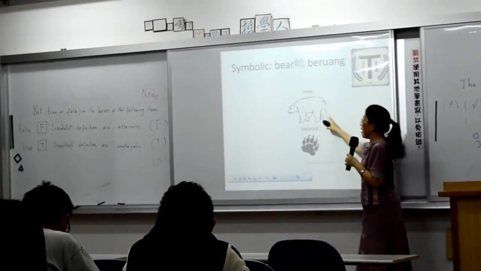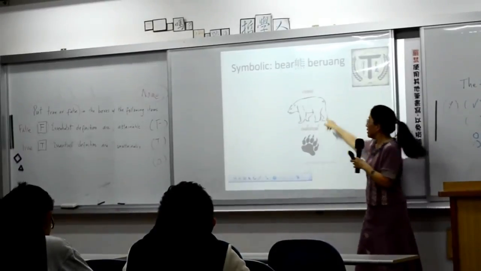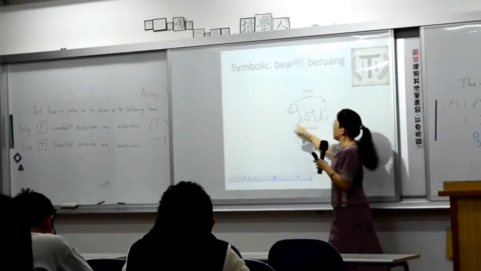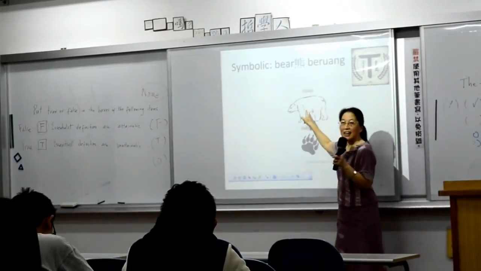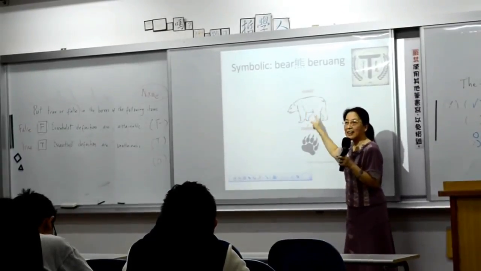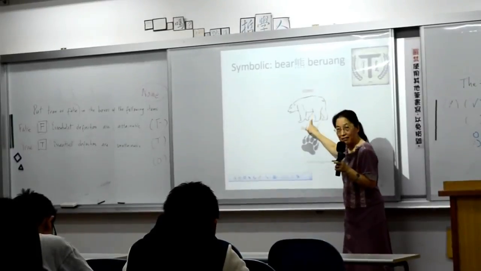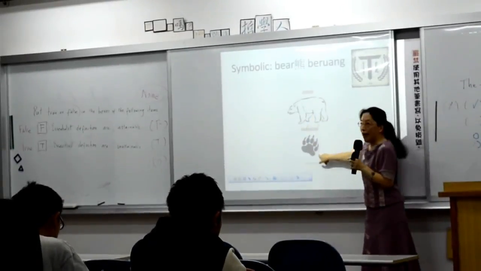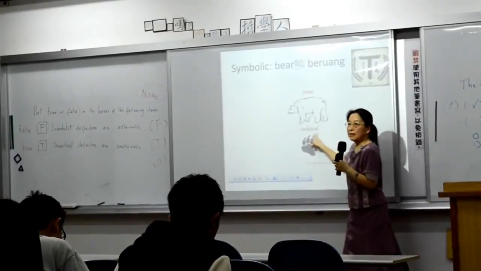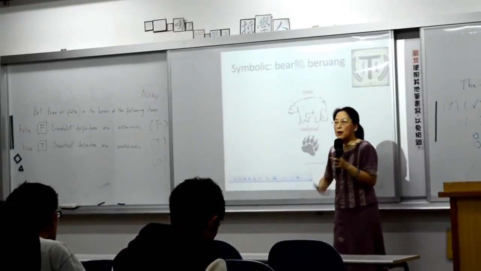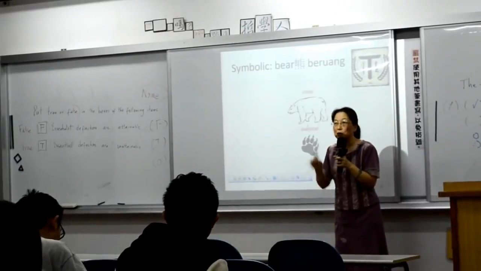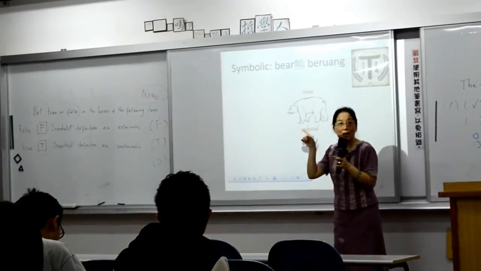Now let's use a bear, for example. If I draw a bear like this sign is iconic, right? It's an icon. It looks like a bear. Now, if I use this part of the bear, of course I have to choose which part of the body to use to indicate that's a bear.